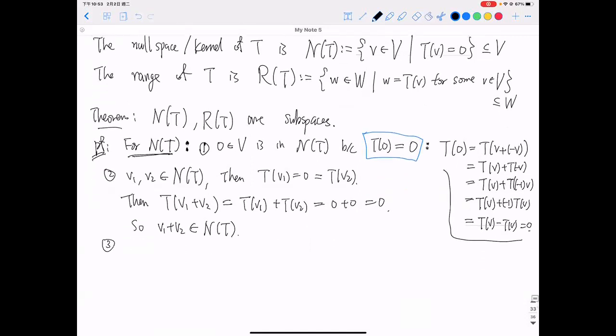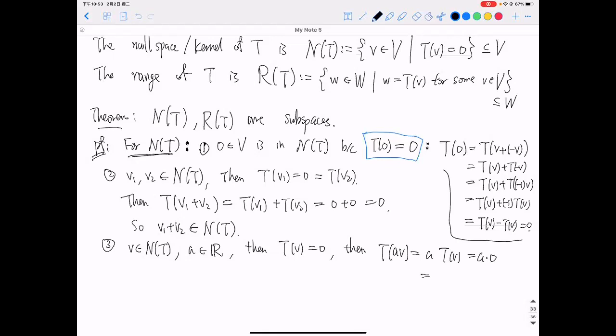And finally, if you have a vector V in N of T, the null space, and a scalar A, then we know that T of V is 0, by the requirement that V belongs to the null space. And then what this means is that when you compute T of AV, this is by linearity A times T of V, which is A times 0.